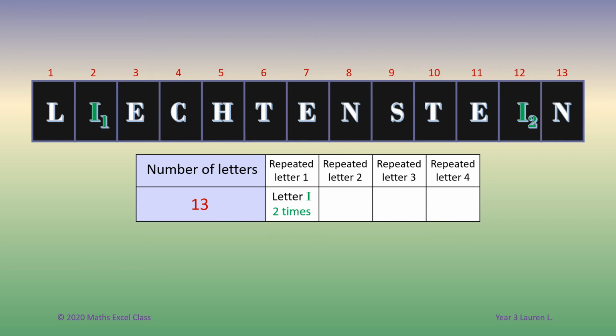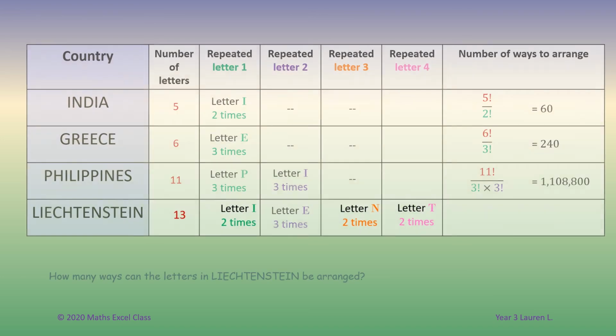Its second repeated letter is the letter E, which is repeated 3 times. Its third repeated letter is the letter N, which is repeated 2 times. And the final repeated letter, letter 4, is the letter T, which is repeated 2 times.